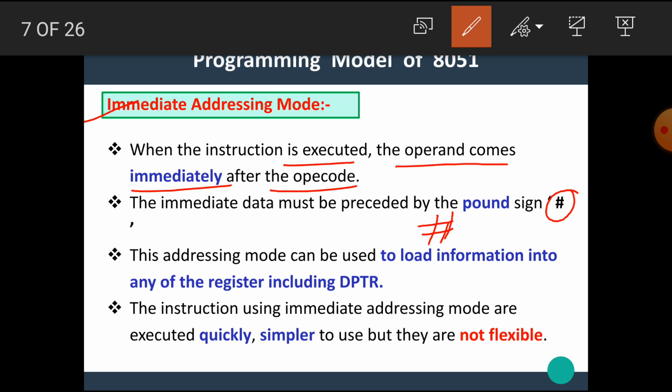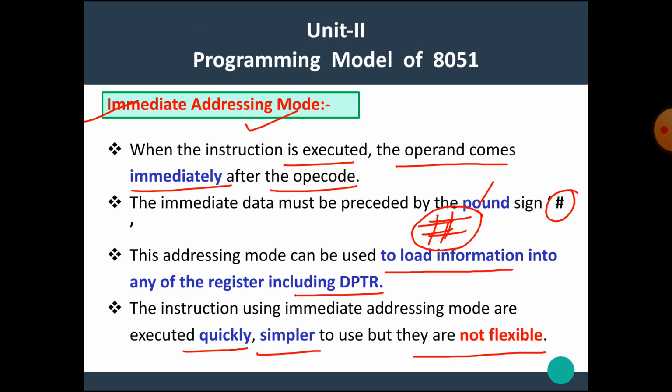That means an instruction which contains this sign is generally an immediate addressing instruction. This addressing mode can be used to load information into any of the registers, including DPTR. Instructions using immediate addressing mode are executed quickly and are simpler to use, but they are not flexible.